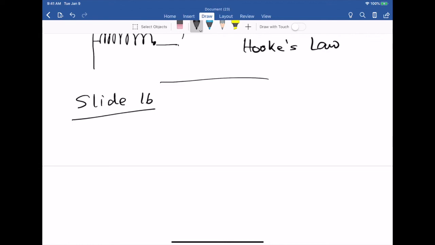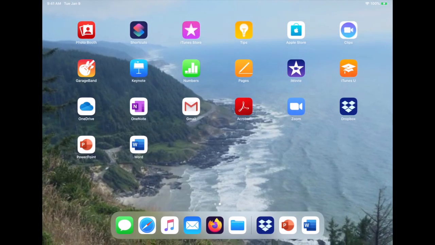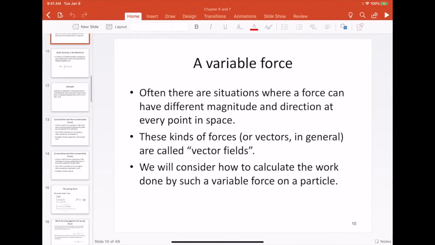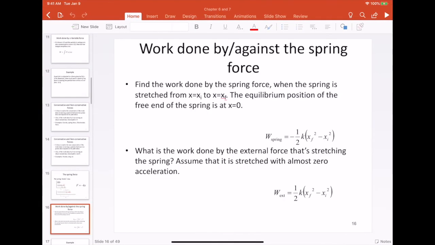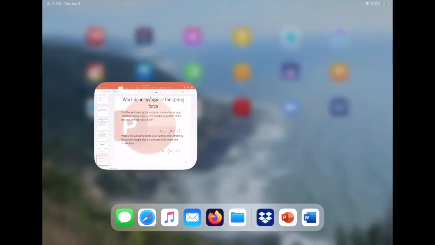I'll let you read the problem for a minute. I'll just pull it up here. So find the work done by the spring force when the spring is stretched from x equals xi to xf. The equilibrium position of the free end of the spring is at x equals 0.